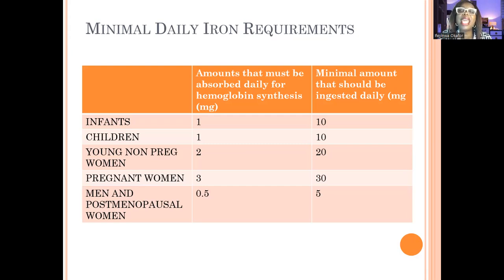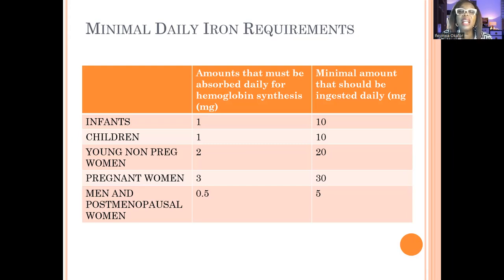Pregnant women need a higher amount of iron, at least 30 milligrams in their diet, in order to absorb at least 3 milligrams to meet their daily requirement to produce hemoglobin. Men and postmenopausal women need less. They need to take at least 5 milligrams of iron in their diet to absorb 0.5 milligram every day to meet their daily requirement.